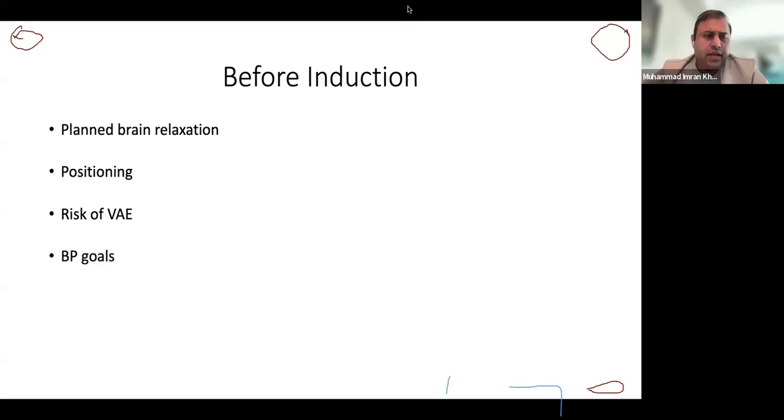You have to discuss blood pressure goals, the need for doses of anti-seizure medications during the surgery, and whether neuromonitoring will be used during the surgery or not, as that would affect our plan of anesthesia for that particular patient.